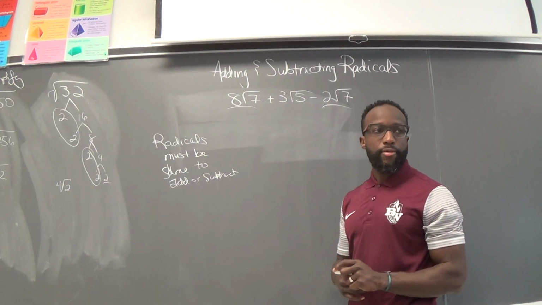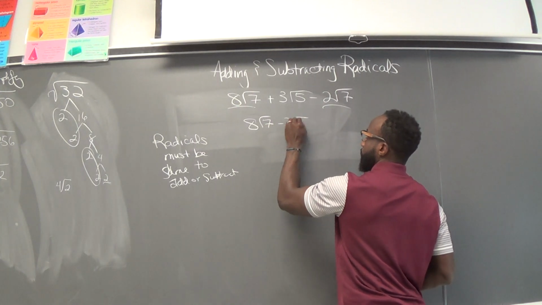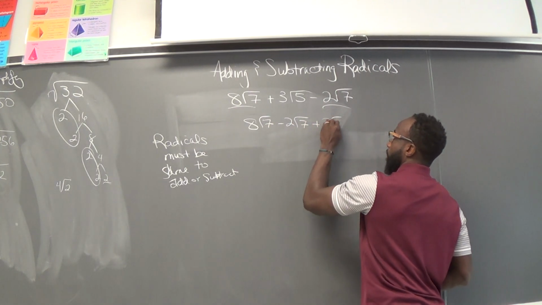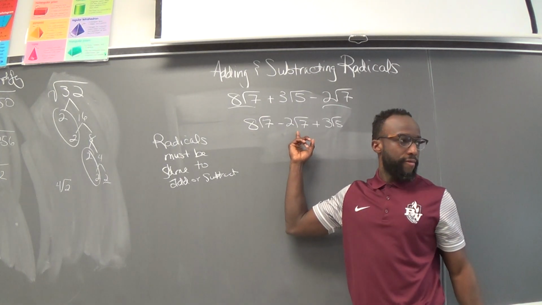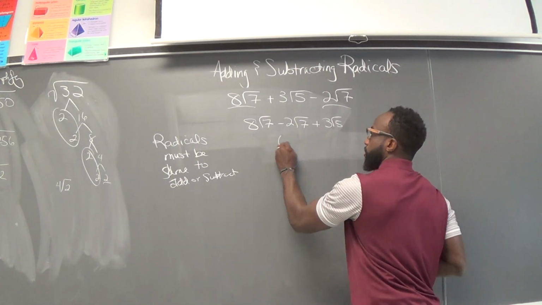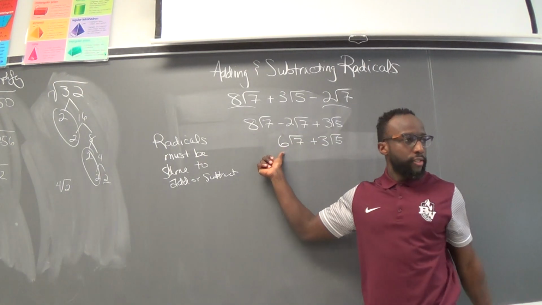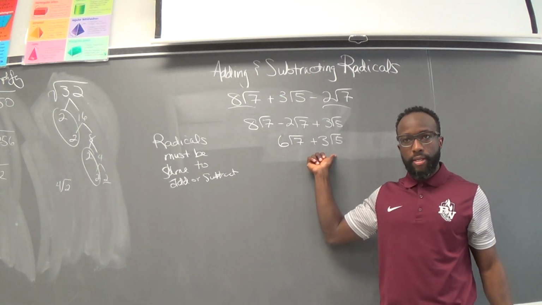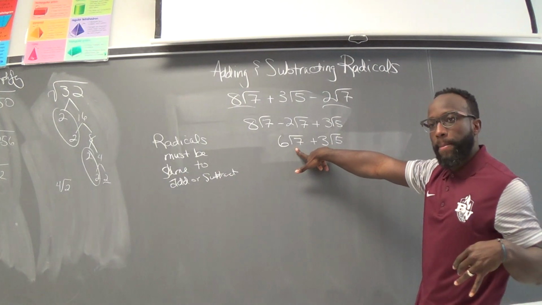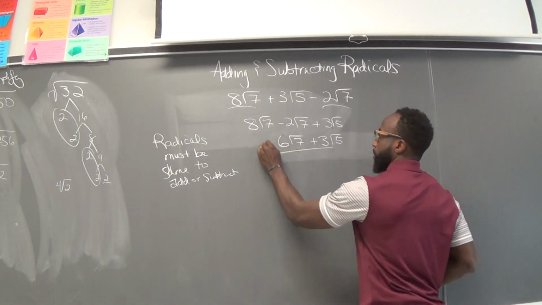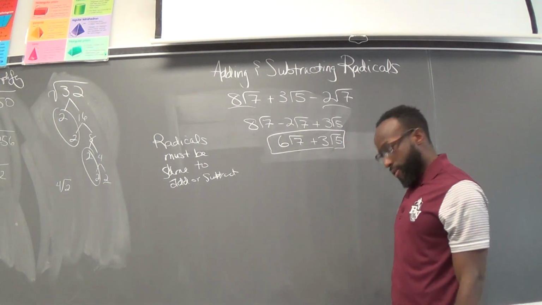These are like terms, so you will be working those out together. 8 root 7 minus 2 root 7 is 6 root 7. Then 6 root 7 plus 3 root 5, you can't do anything, because they're not like terms. That's the answer.